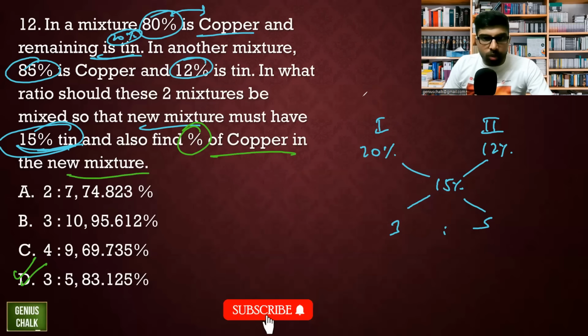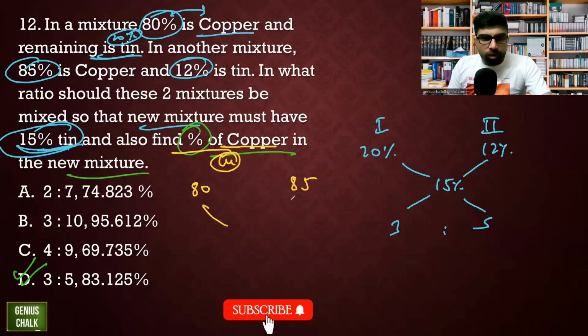Okay, so we have found the ratio. Now in the new mixture, what was the ratio in the first one? Check. It was 80%. Then second, I'm talking about copper now, as we need to find the percentage of copper, so that is 85.